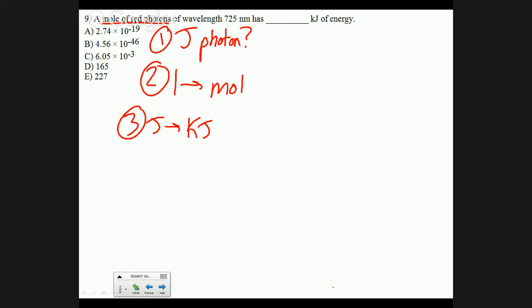All right, so first step. How do we figure out the energy of a single photon? We're going to use E equals hc over lambda. They gave us the wavelength. We'd have to convert that to meters.